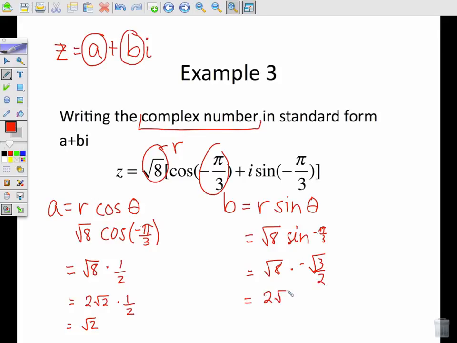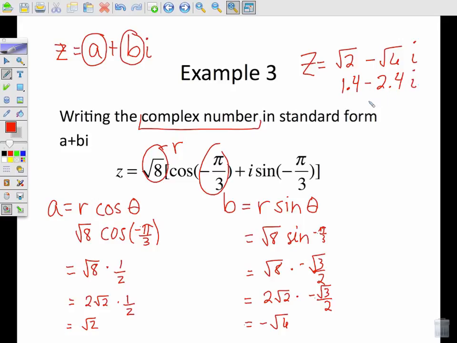So this is 2 roots of 2 times negative root 3 over 2, which equals negative root of 6. All right, so that's our b value. So here's our complex number: z equals root 2 minus root 6 i, or 1.4 minus 2.4i. There you have it.